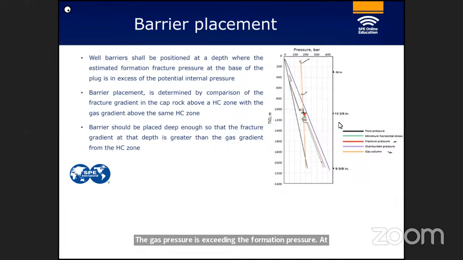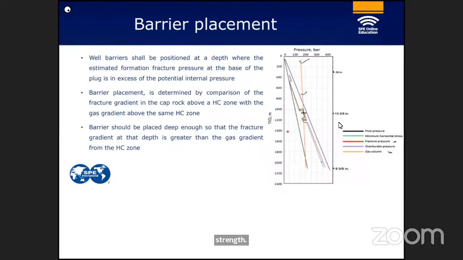So my plug has to act as a barrier for this gas column. My plug has to be below the point where the gas pressure is exceeding the formation strength. I'll repeat one more time.